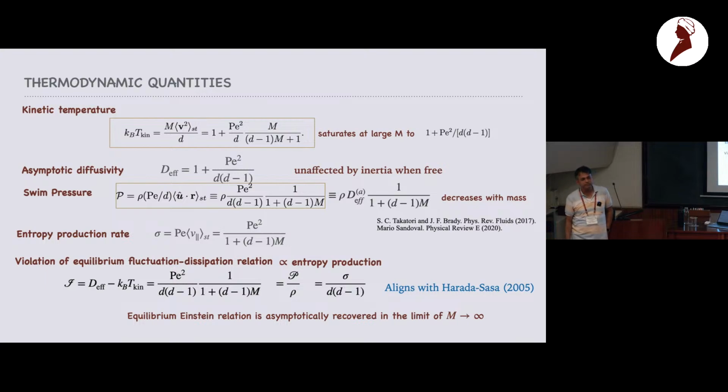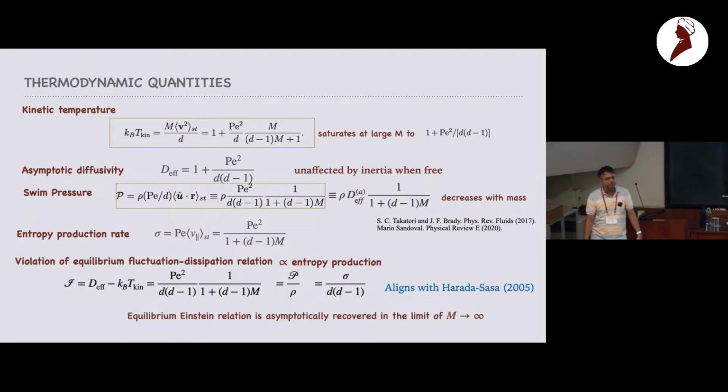You were showing some definition of entropy production. What kind of entropy production is this? Entropy production is due to the activity; that's the entropy you produce to the environment. Normally, when you write entropy production, you write the path probability and all. When you do all those things, you get an expression, and then you can calculate it exactly.